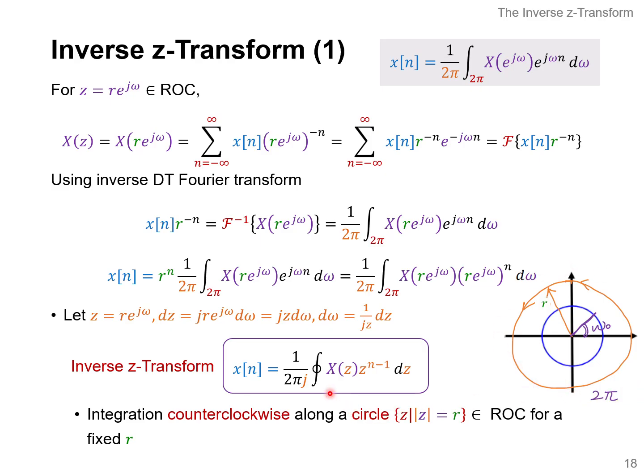The integration is taken counterclockwise along the circle with the magnitude of z equals r. The orange arrows in the figure show this direction. The variable omega represents the angle as we move around the contour.